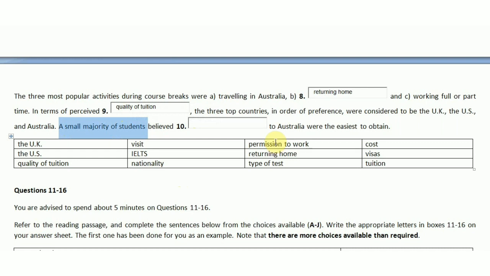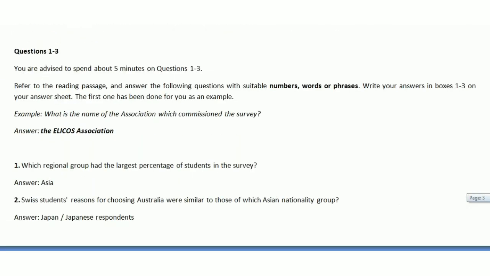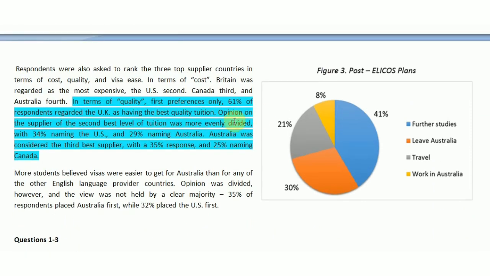And then next, a small majority of students, like majority of students, but it was small, believed dash to Australia were the easiest to obtain. Like Australia was ranked the first country in terms of what? So here again we have to write on the basis of what Australia was ranked the first country. Recently we had seen that there were three options: cost, quality, and visa ease.